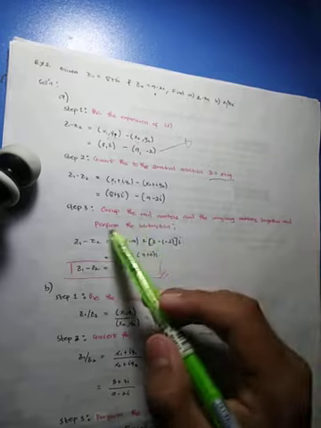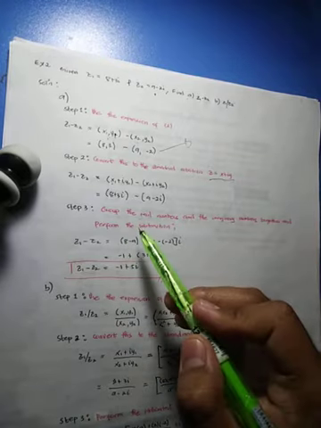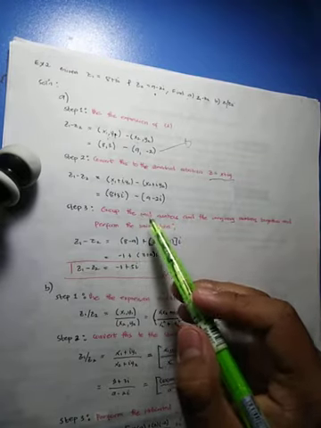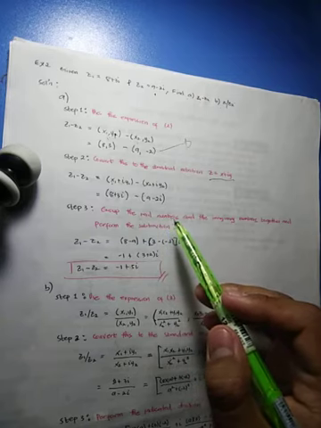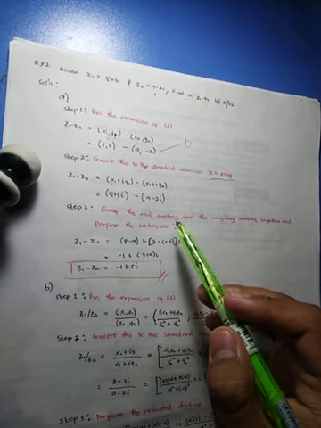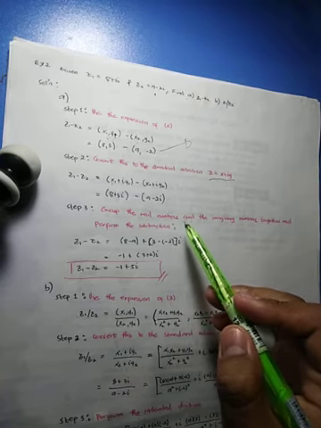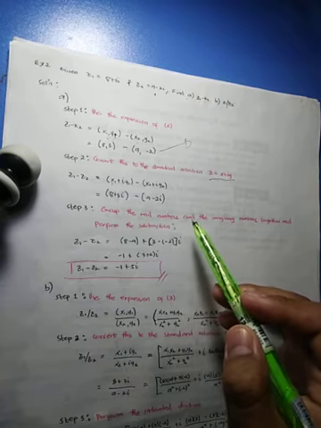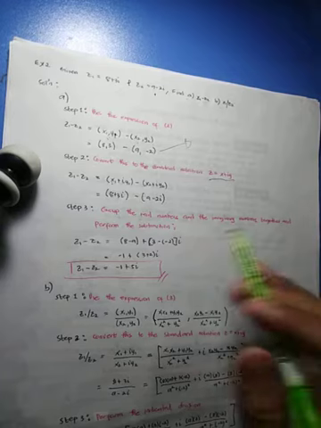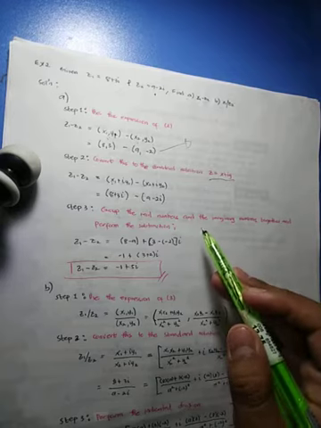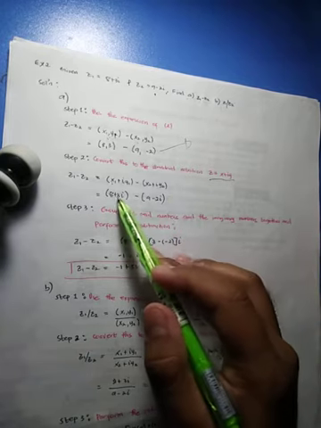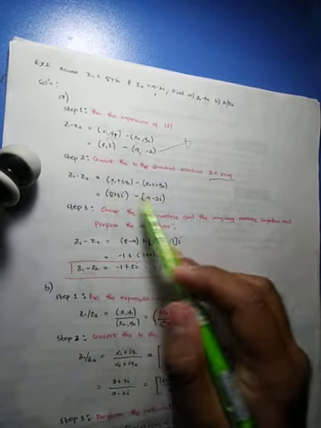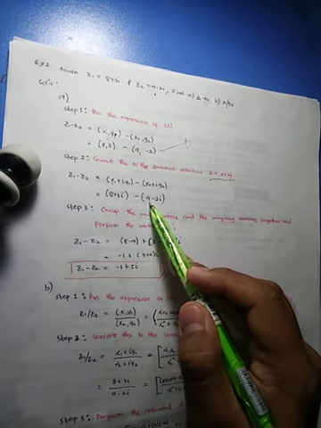Okay, so step number 3, we group the real and imaginary parts, since we cannot subtract the imaginary parts from the real part. The same with the addition, we cannot add them, so we just have to regroup the real and imaginary. The real of the first is 8, and the real of the second is 9.